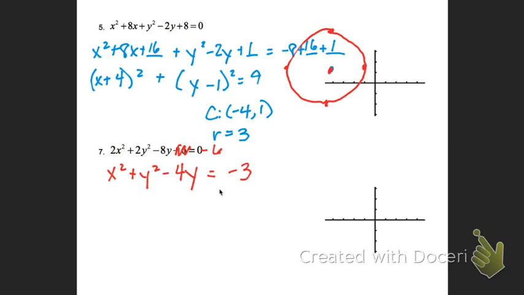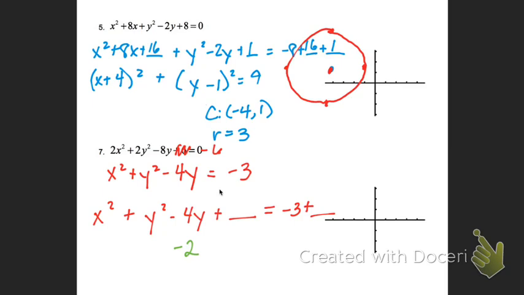It's like saying x minus 0. So I've got x squared plus y squared minus 4y plus blank equals negative 3 plus blank. I only need one blank because I'm not completing the square for the x. Then I take half of my middle term and I square it.